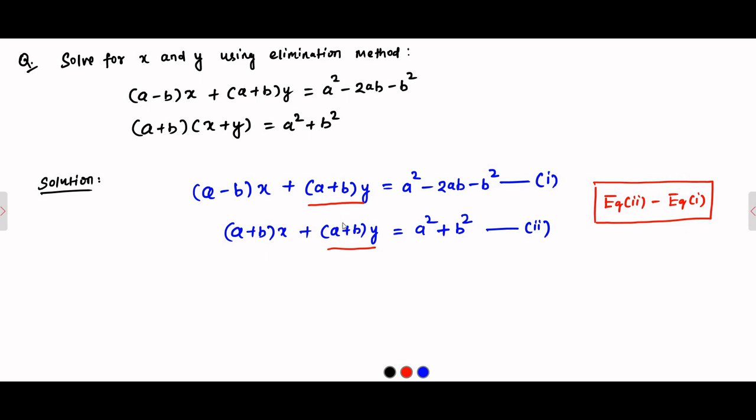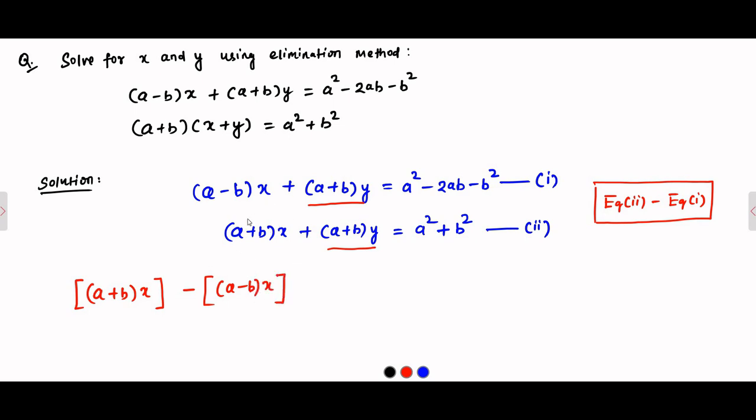So we will have (a + b) into x minus (a - b) into x. This is for the left hand side.